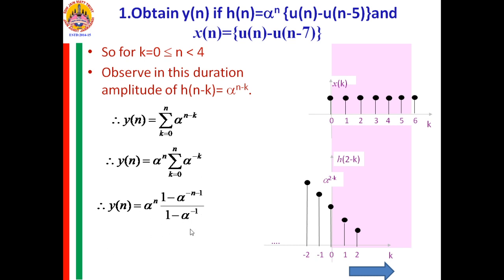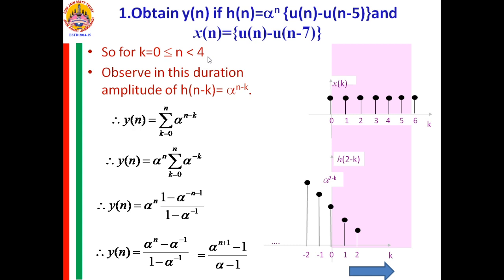Now when you multiply inside with this alpha raised to n, it is alpha raised to n minus alpha inverse upon 1 minus alpha inverse. Multiplying both numerator and denominator by another alpha, you will observe that it is alpha raised to n plus 1 minus 1 upon alpha minus 1. This is in the region where k is varying from 0 to 4.